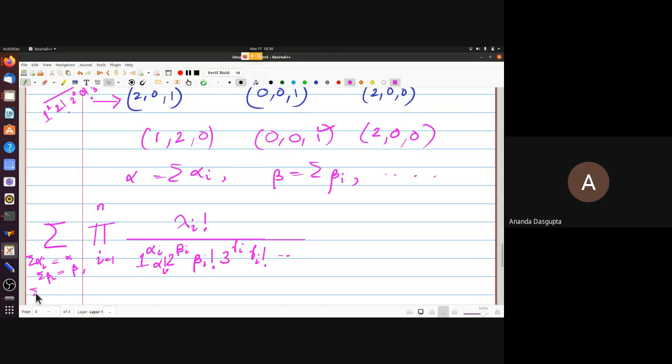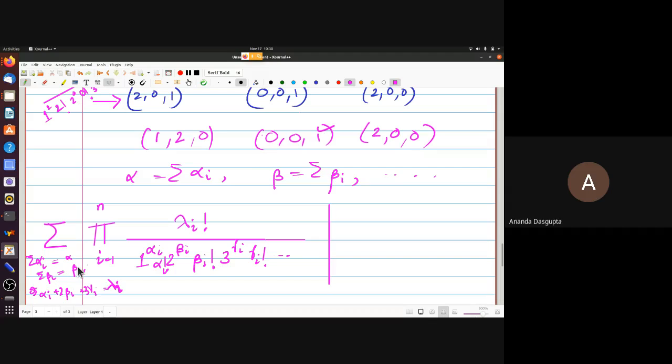And not only this, you also have to have this alpha I plus 2 beta I plus 3 gamma I, all these constraints, equal to lambda I, right? And that has to work for all the i's. So subject to all these constraints, how many ways can you distribute them?